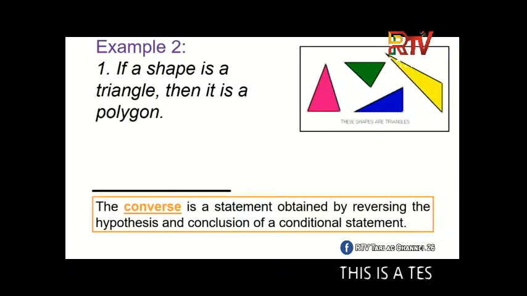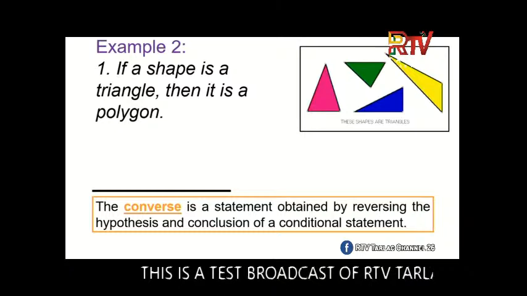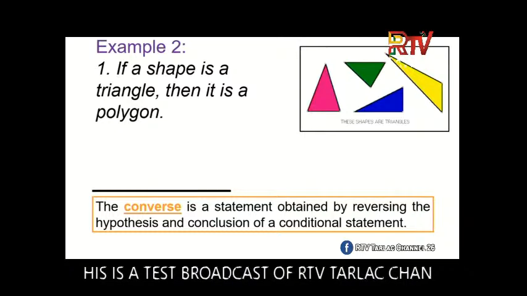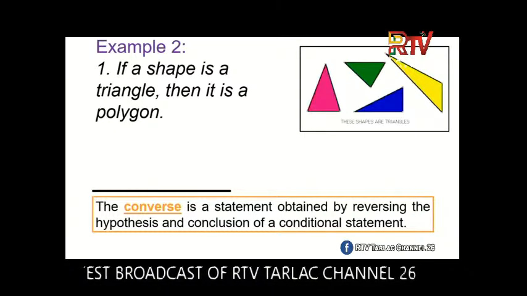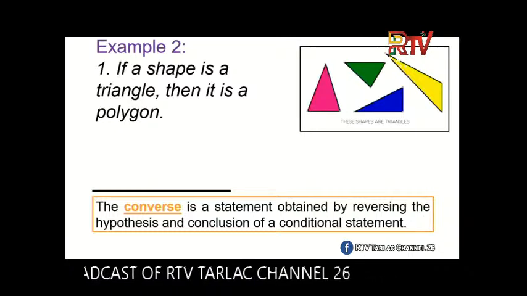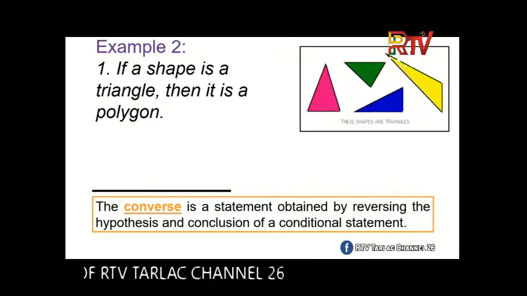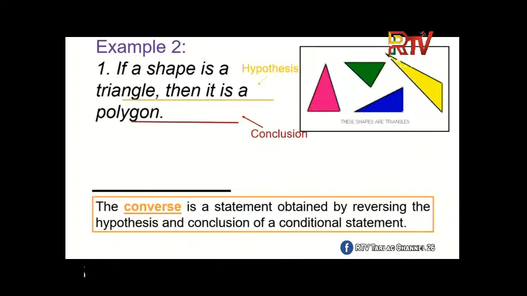For example number 2, the statement is, if a shape is a triangle, then it is a polygon. In our second example, the hypothesis is a shape is a triangle, while it is a polygon is the conclusion.